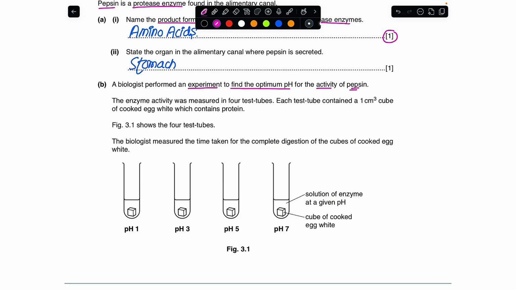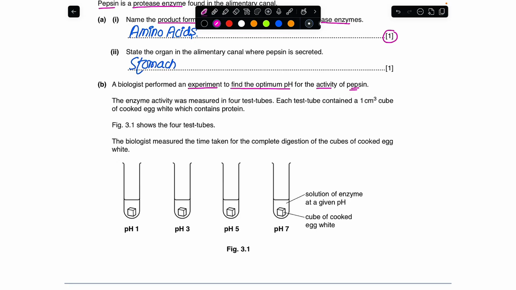We are aware that the activity of the enzyme is affected by the temperature, by the amount of substrate, by the amount of the enzyme, and by the pH. So they want to look at the optimum pH for the activity of this pepsin enzyme.